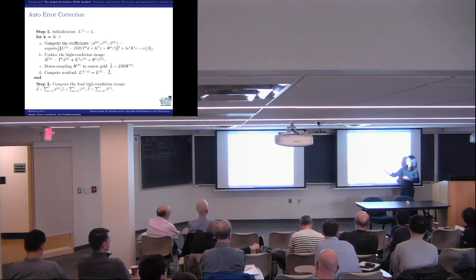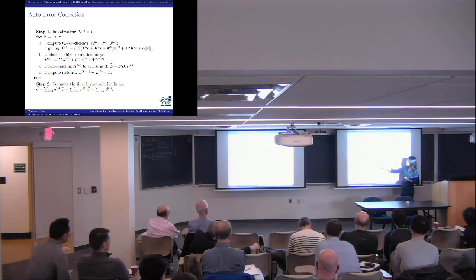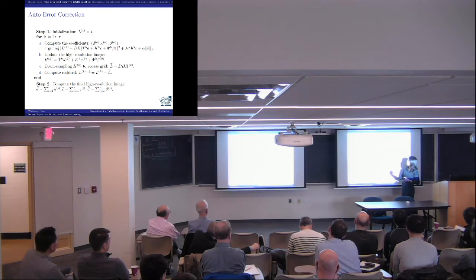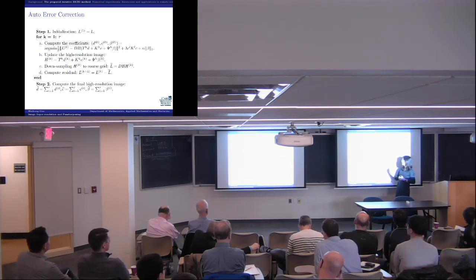Then you tell the difference. This should be L, sorry about that. At the first iterate, when k is equal to 1, L super 1 would be just the initial given low resolution image. So you take the difference of them, and you see if there's any error there.